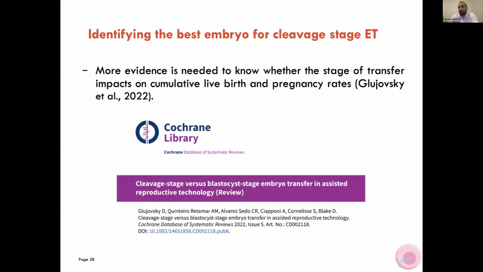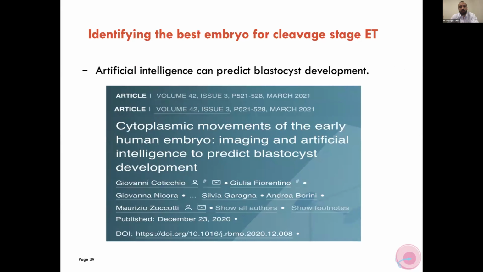But is that because we don't have enough data yet using artificial intelligence and time-lapse technologies? We know that artificial intelligence can now predict blastocyst development from the cleavage stage. There are a number of studies that show this. There are also studies now that correlate morphology and morphokinetics on day 3 with euploidy and aneuploidy. So, will there be a change going forward?